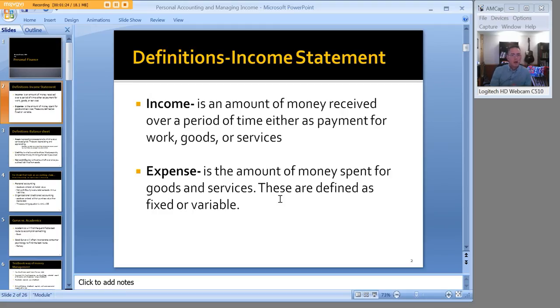All right, the first thing that we need to look at in personal accounting is the two financial statements that we look at. The first one is the income statement. We can use an analogy of a basketball team. The income statement is like looking at the performance of a basketball team.